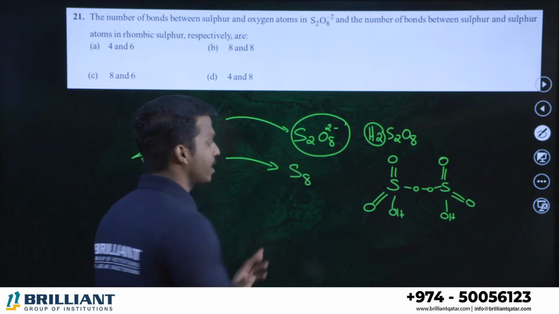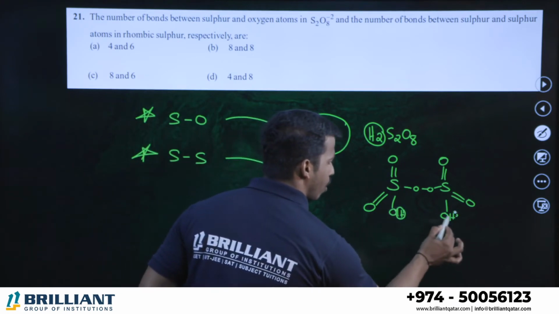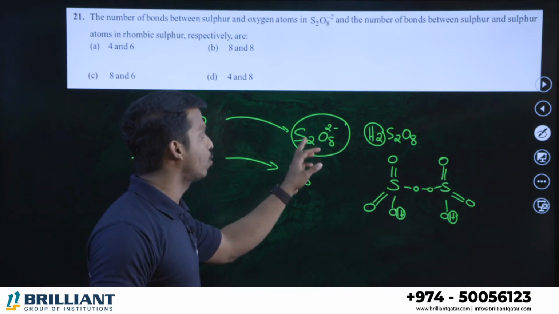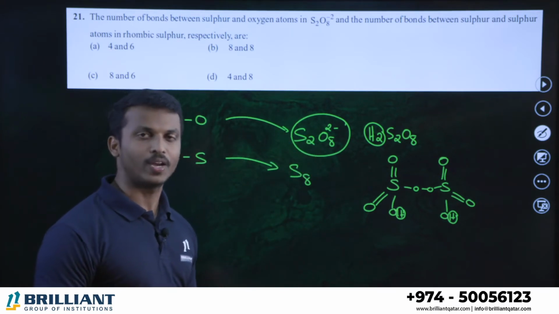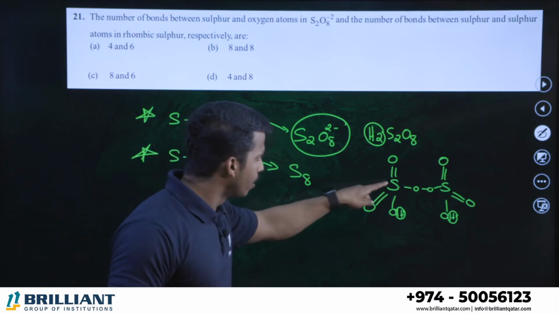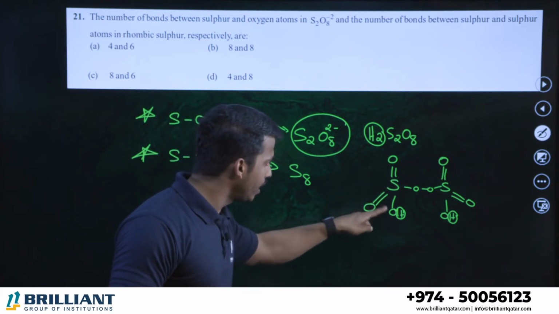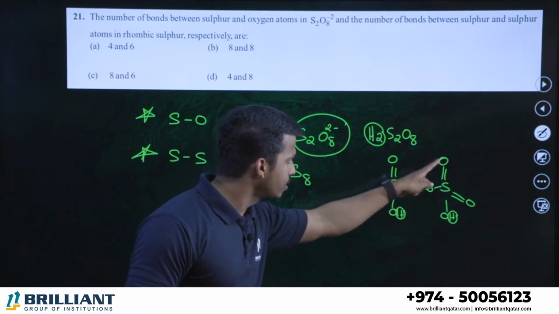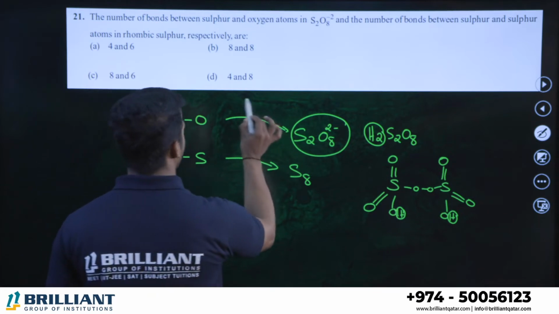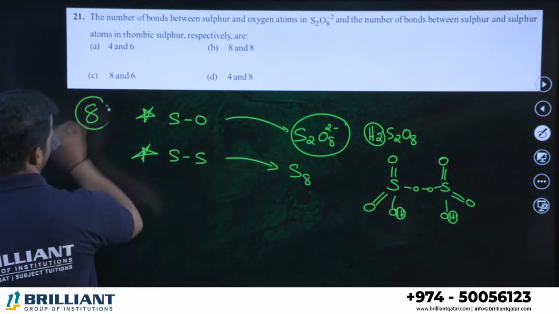If these 2 hydrogens go away as H plus ions, the remaining species is the S2O8 2- ion. Can you please count how many sulfur-oxygen bonds there are? 1, 2, 3, 4, 5, 6, 7, 8. I think there are 8 S-O bonds. So the answer here is 8.